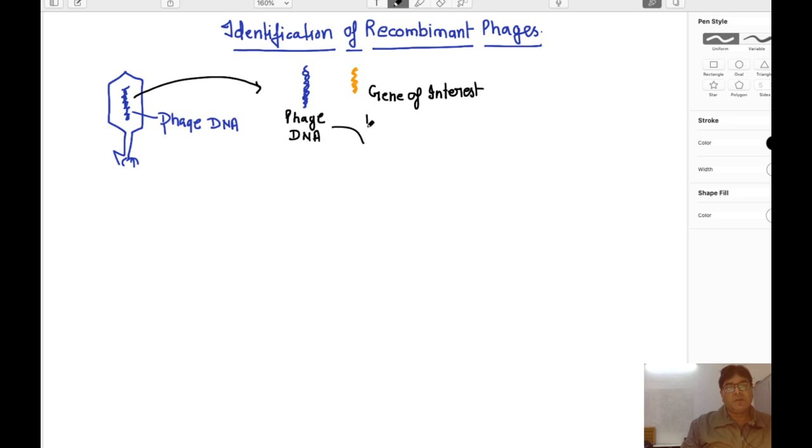Now both of them are joined together at some appropriate sites.